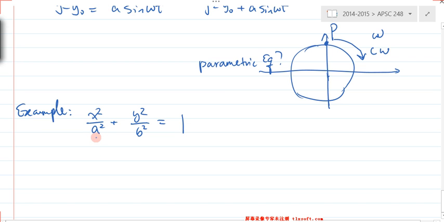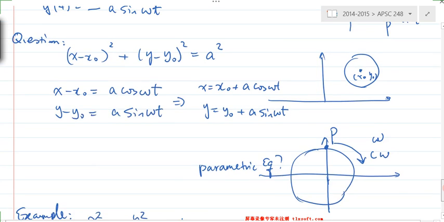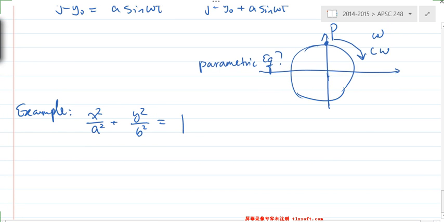So you actually can use a very similar way of thinking as for the circle here. In the circle, your x is a cosine. So in this case, what we can do is very simple. Your x of t is a cosine t.